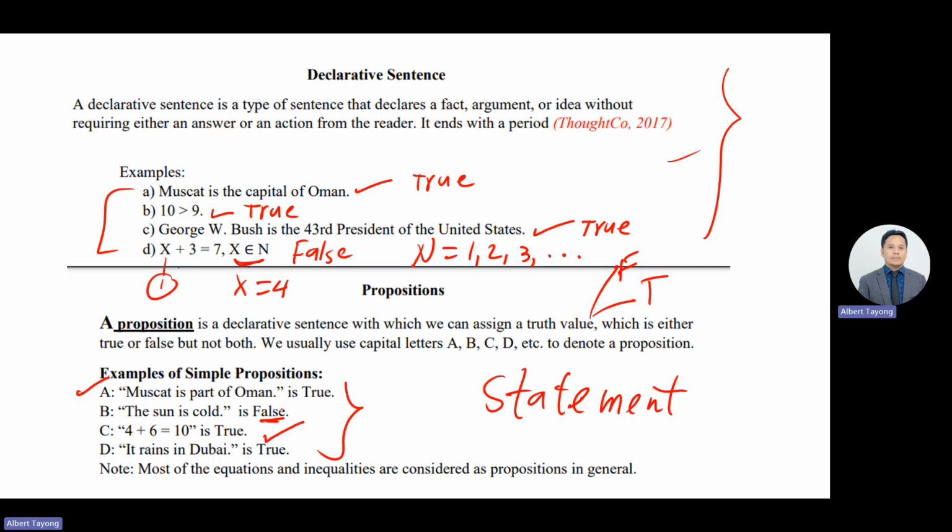It rains in Dubai is also a statement or a proposition because it is true. Okay. Rains here is simple present. It means that rain exists in this particular city.